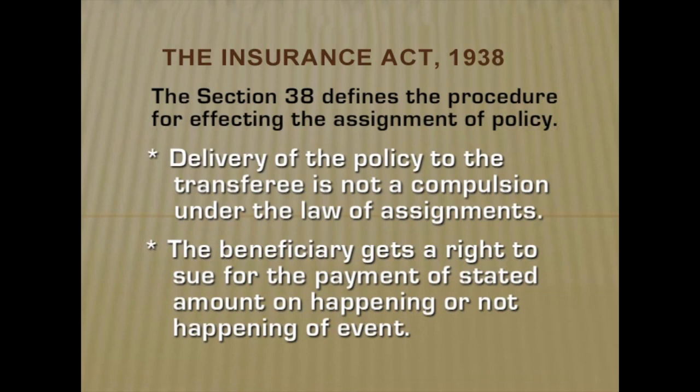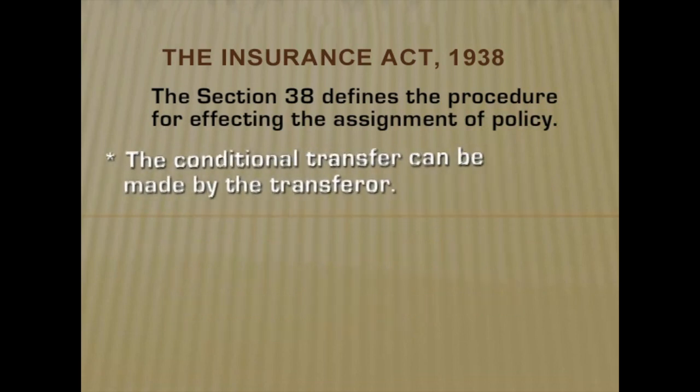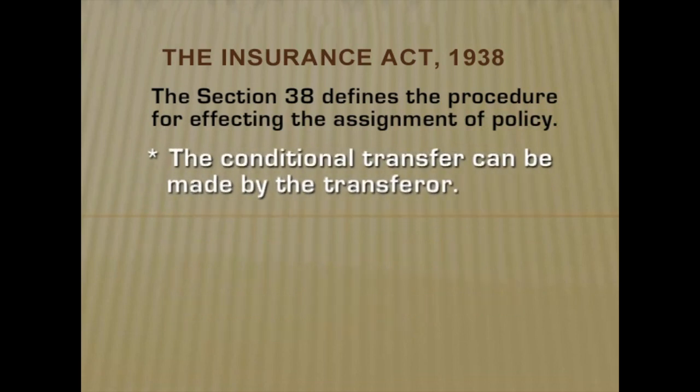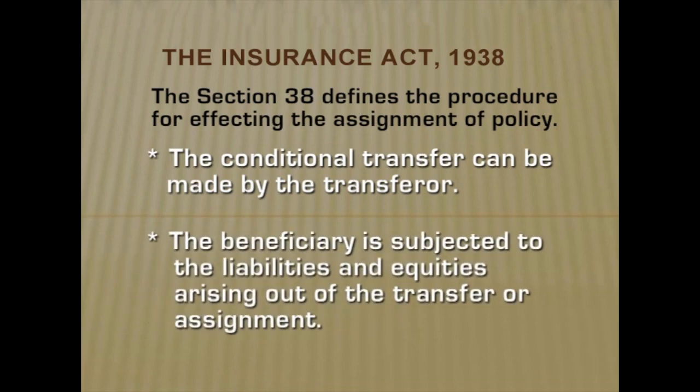The beneficiary gets a right to sue for the payment of the stated amount on happening or not happening of the event. The conditional transfer can be made by the transferor. The beneficiary is subject to the liabilities and equities arising out of the transfer or assignment.